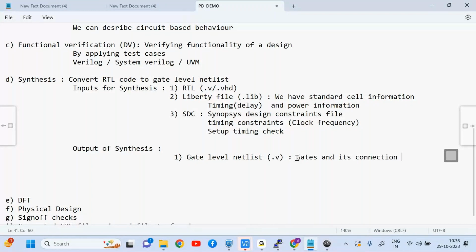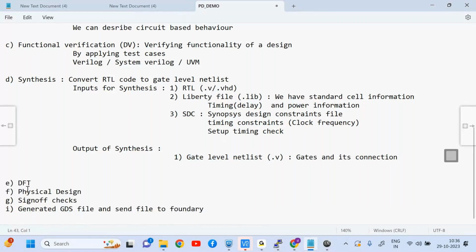Apart from that, we should not have any other statement like if statement, case statement, assign statement, or procedural blocks like always block. None of these things should be present. Only gates and their connections will be present in the gate level netlist.